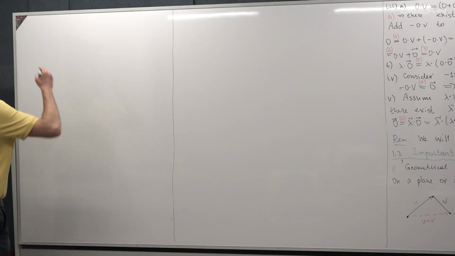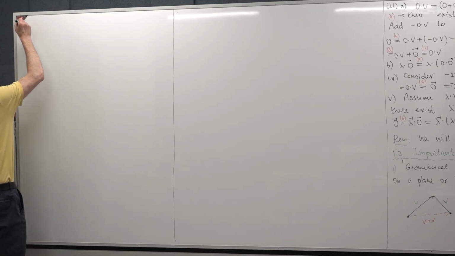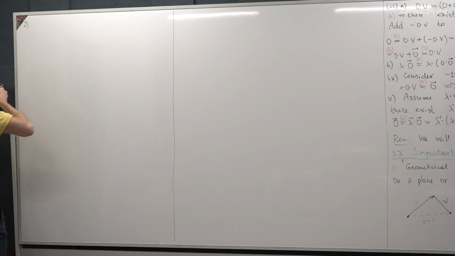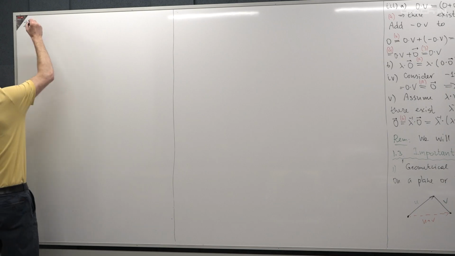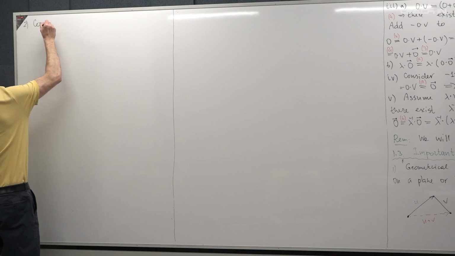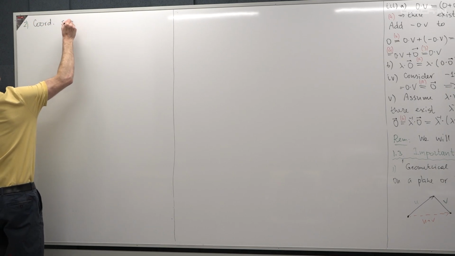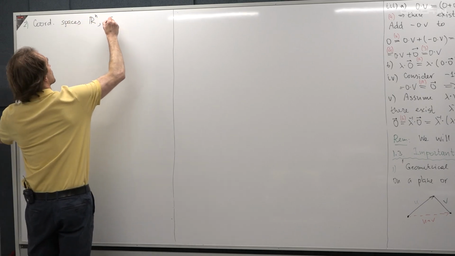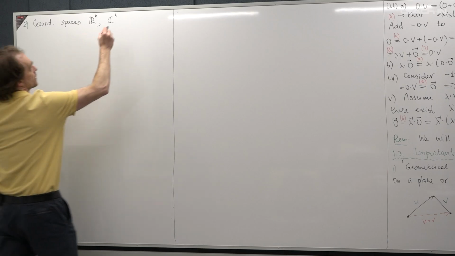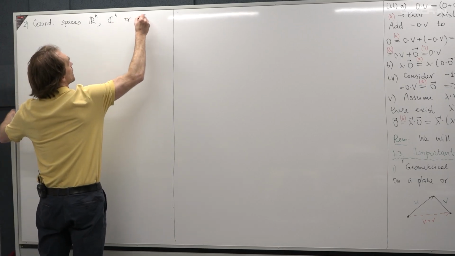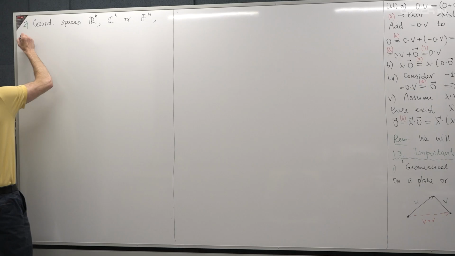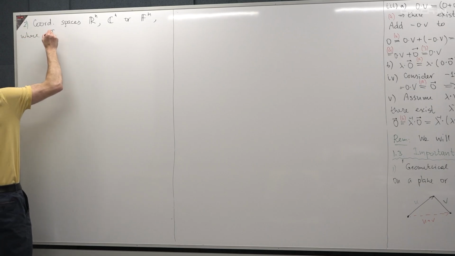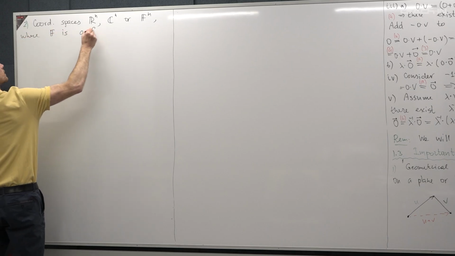The second example is maybe the most important example: coordinate spaces. R to the n, maybe complex coordinate space C to the n, or F to the n, where F is a field.